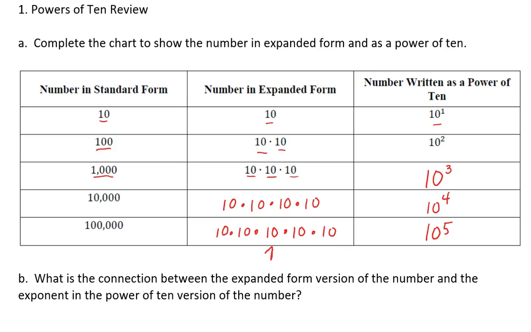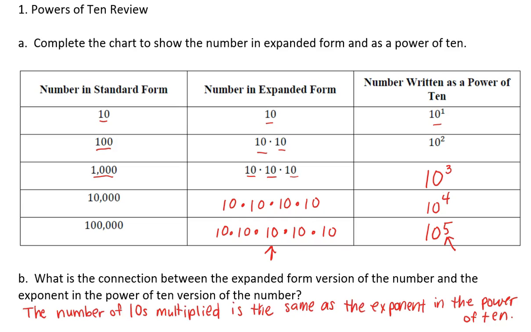So if I look at the expanded form version of 100,000 and look at my exponent, the number of tens that are being multiplied together is the same as the exponent in the power of 10. Since I had to multiply 5 tens together to get 100,000, we can see that it matches the 5 as an exponent.